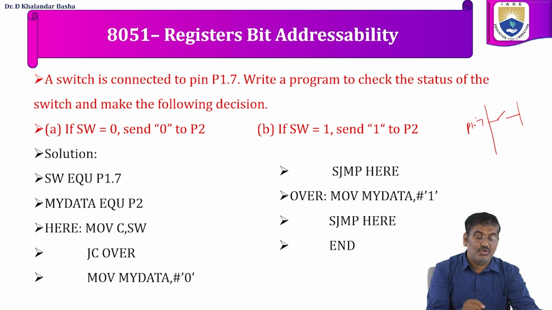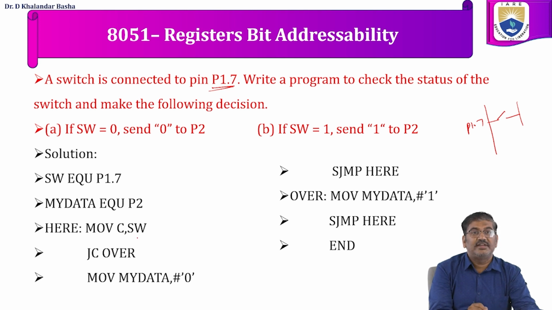If the switch is closed, send 0 to port 2. If the switch is equal to 1, then send 1 to port 2. So first we will assign P1.7 to SW by using the equate directive, SW EQU P1.7. The next one is MYDATA, which is equated to port 2.